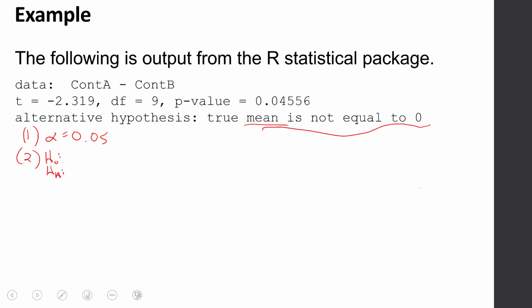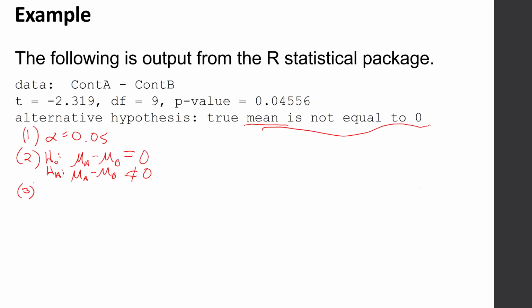But I like to know which way my stuff was subtracted so I can tell which one is larger. And so I'm going to write this as mu for contractor A minus mu for contractor B equals 0 for the null, and mu for contractor A minus mu for contractor B does not equal 0 for my alternative hypothesis.